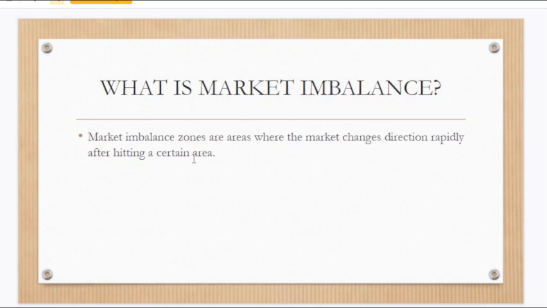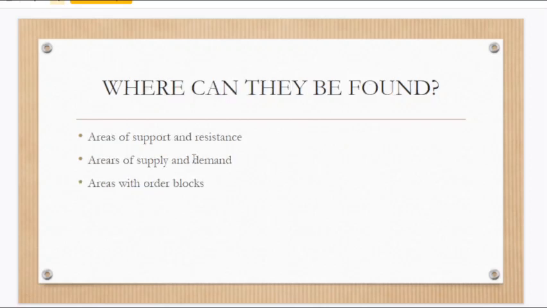So your main focus in this topic is that you need to know how to spot those particular areas where the market changes direction so that you can trade them.